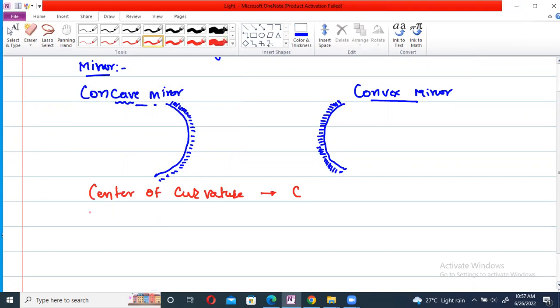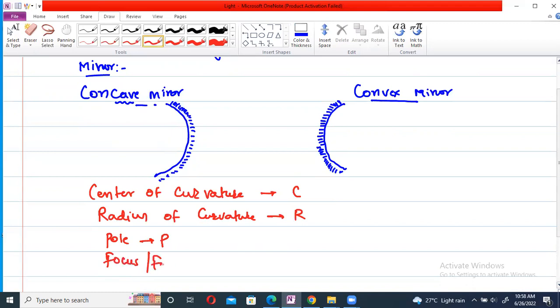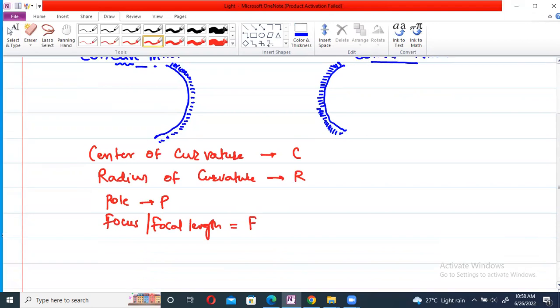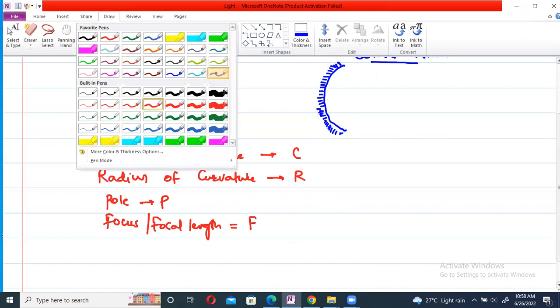Then we'll see the radius of curvature, denoted as R. Then the pole, denoted as P. One more point will be called the focus, or focal length, denoted as F. These are the important terms which I am going to discuss in today's class.